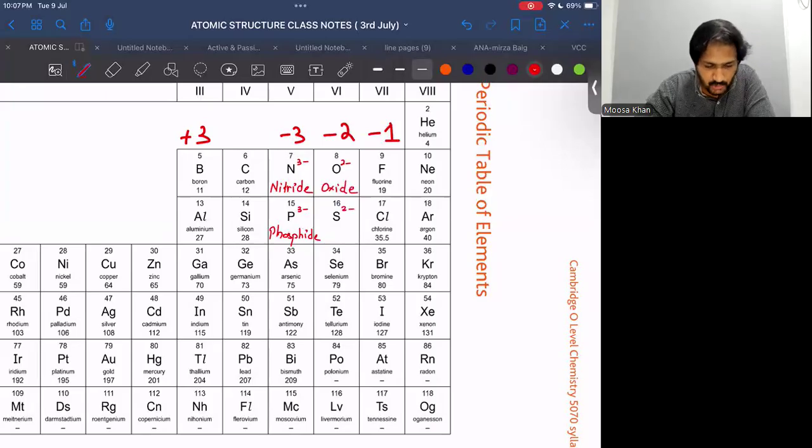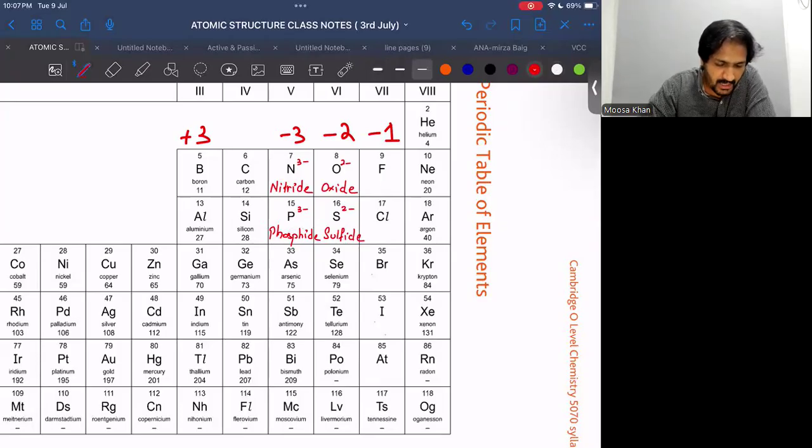The charge it gets is 2 negative because it is a group 6 element. And the spelling is SULFIDE. ये याद रखनी पड़ेगी. From group 6, आपको सिर्फ दो ही याद रखना. Group 7 से you have to remember fluoride ion, chloride ion, bromide ion, iodide ion, and astatide ion.